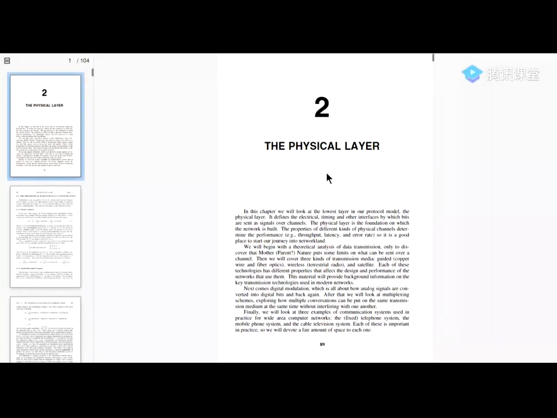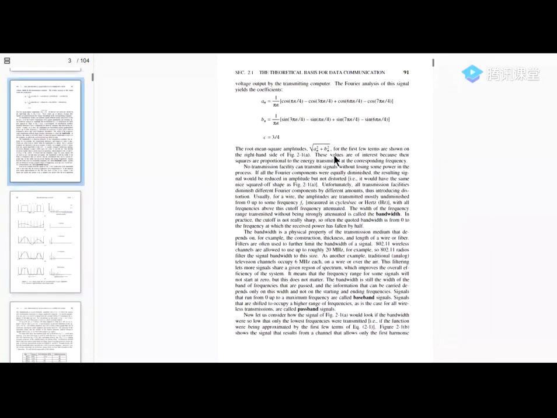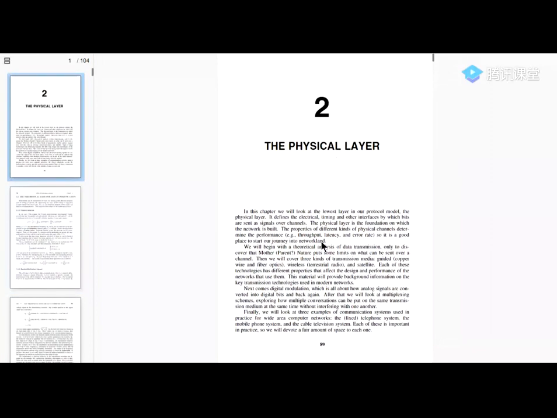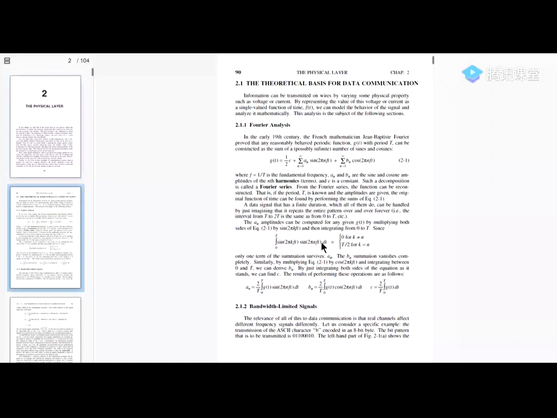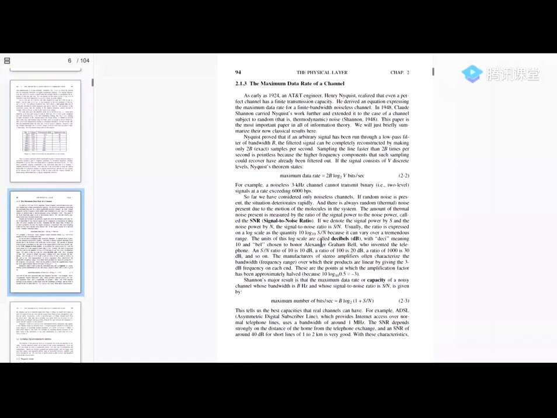It's a physical layer. Physical layer you can read the textbook from the internet. So we have introduced the next theorem and the Shannon theory.